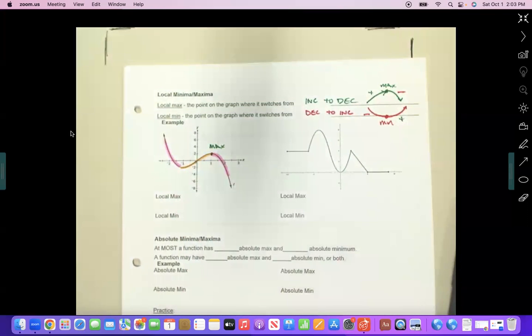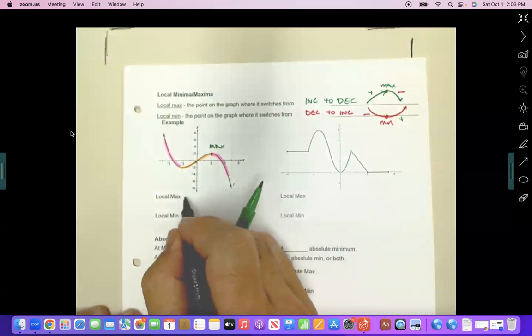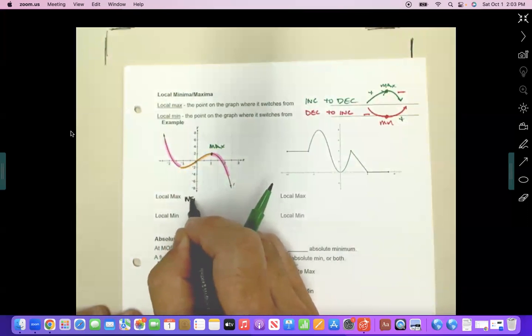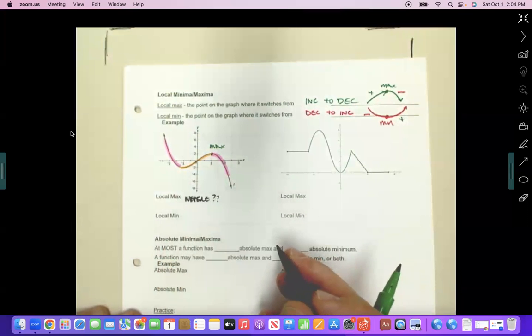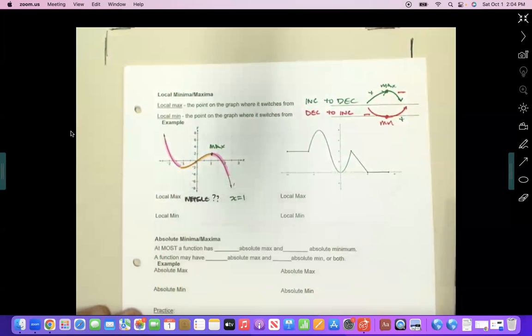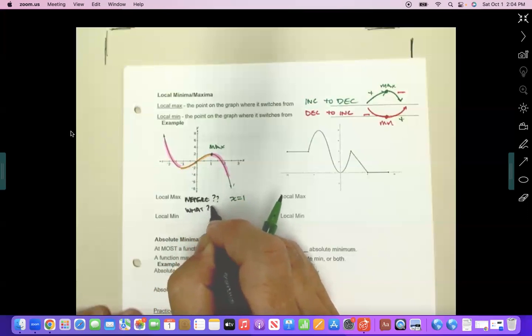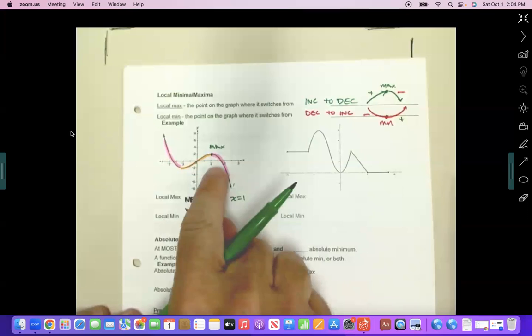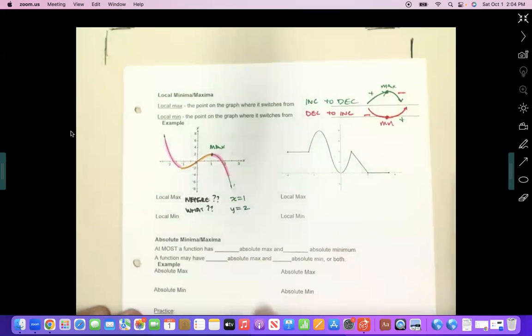Okay. So when we're answering this, if it's asking us a where question, where is the maximum, then that's asking for that x value of x equals 1. If it's asking for what is the maximum, then that's asking us to answer this with the y value of 2.